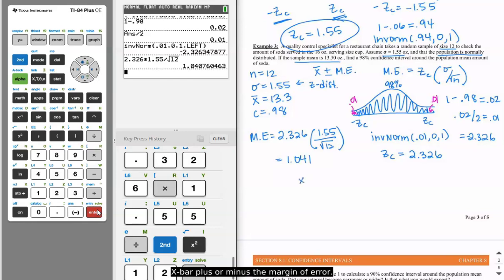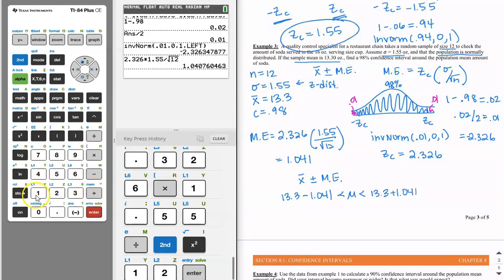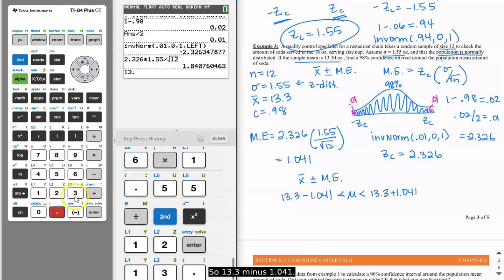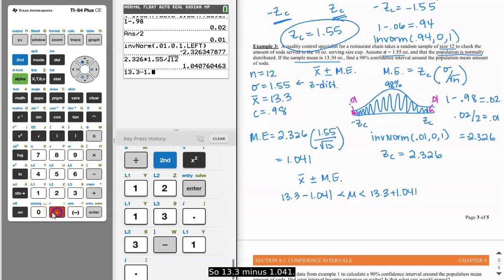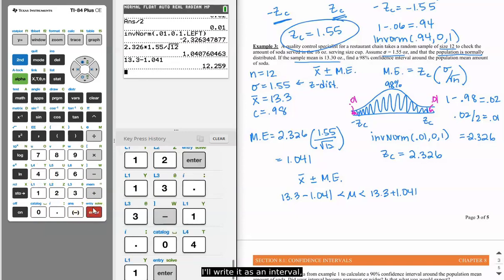So X bar plus or minus the margin of error. X bar is my sample mean, which I had as 13.3, minus 1.041, less than the mean, less than 13.3 plus 1.041. So 13.3 minus 1.041 gives 12.259.